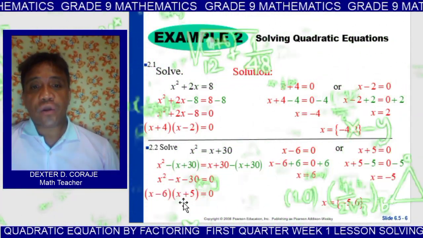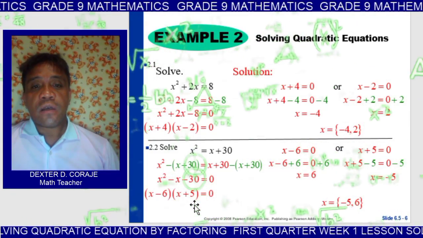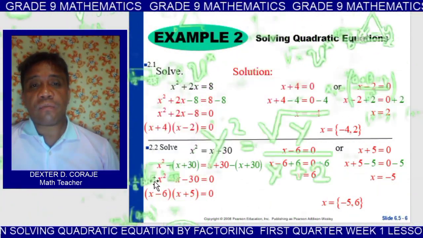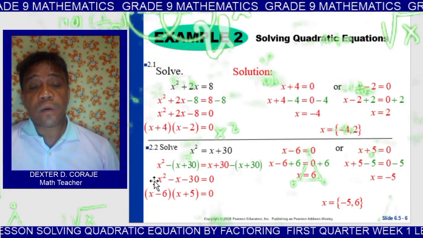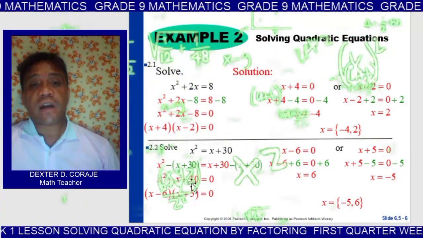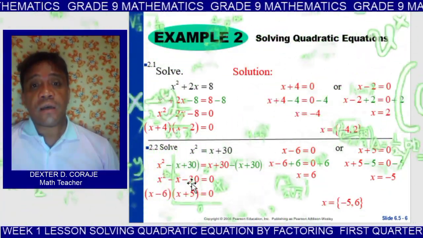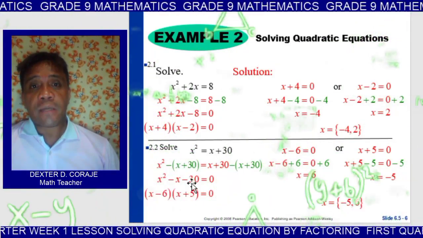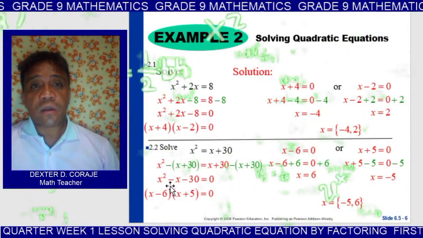So for the factors of this one, since the numerical coefficient of the quadratic term is 1, we're looking for the factors of negative 30, and their sum must be the same as the middle term, which is negative 1.